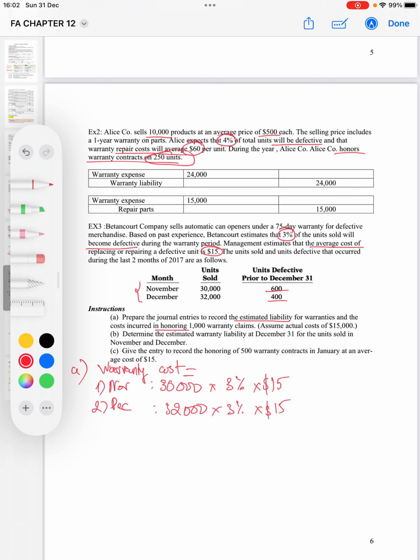Let's calculate. For November, it will be 13,500, and for December 14,400.